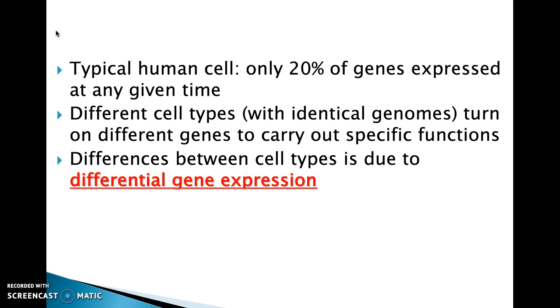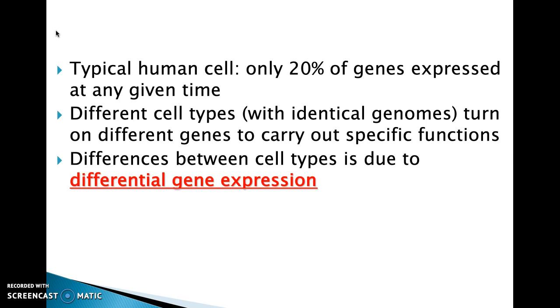So what this means is with unique cell types like muscle, nerve, and skin cells, they have identical DNA inside the nucleus, but they need to carry out transcription and translation differently.